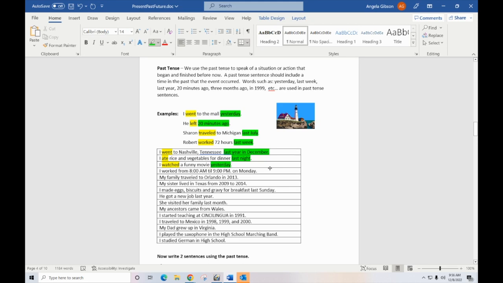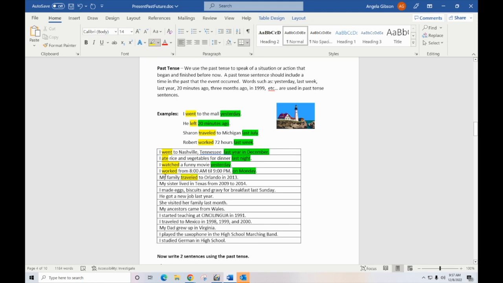I worked from 8 a.m. to 9 p.m. on Monday. Our past tense verb is another regular verb, worked. And when did I work? I worked on Monday. My family traveled to Orlando in 2013.